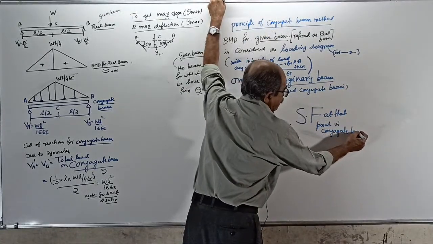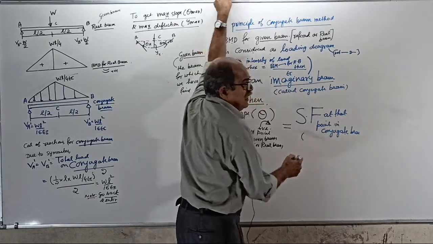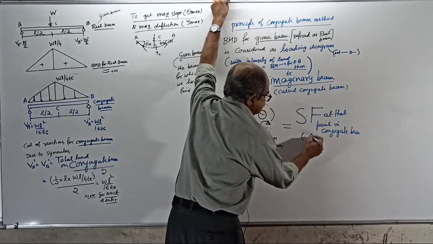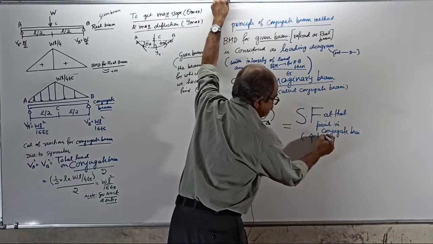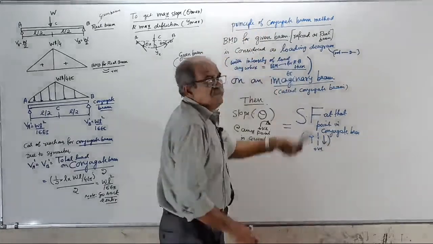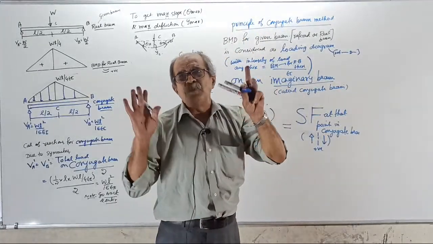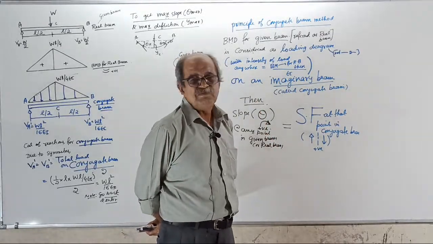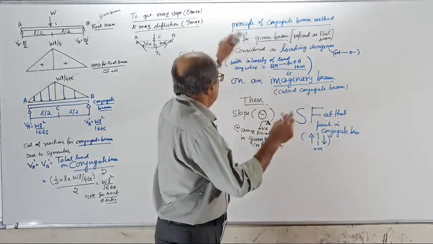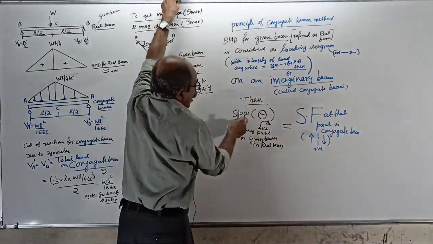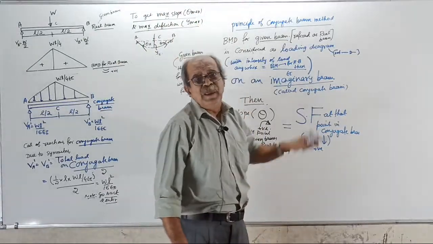In conjugate beam, sign convention is our usual sign. Be careful with the sign convention for shear force. This I will not explain because I told it thousands of times in the SFD BMD course. Clear? Slope equals shear force. Real beam slope is conjugate beam shear force.